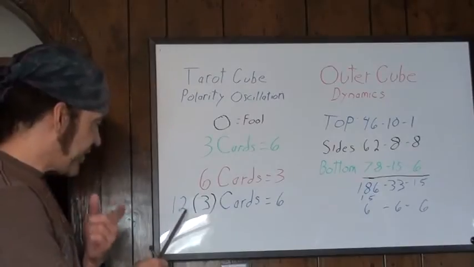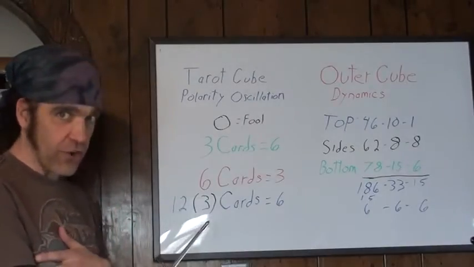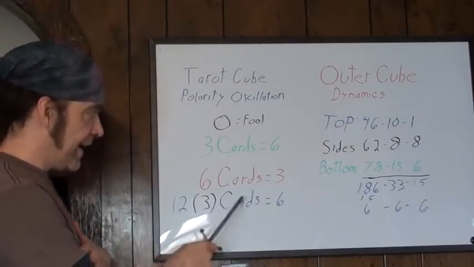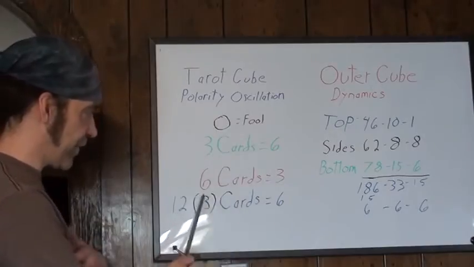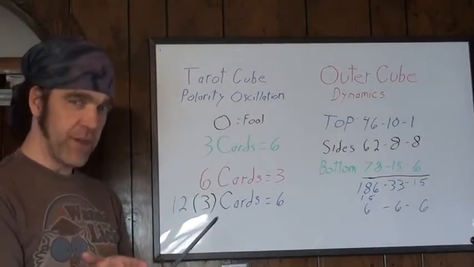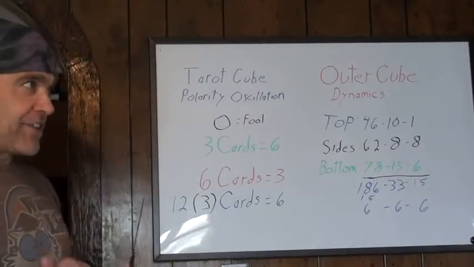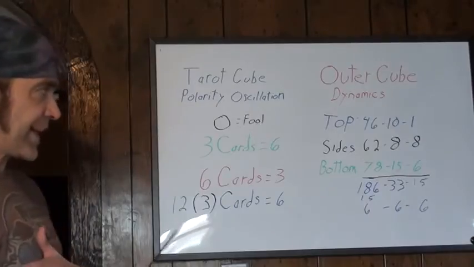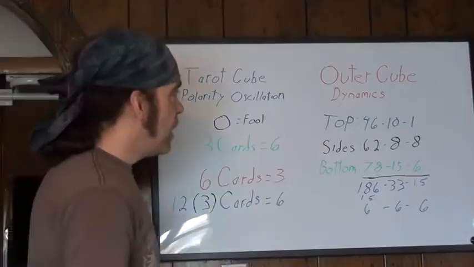But then the next section, the entirety of it is 12 cards, which reduce to 3. And that equals 6. So we're seeing 3, 6, 6, 3, and then 3, 6 again in this Tarot Cube geometry. Amazing.